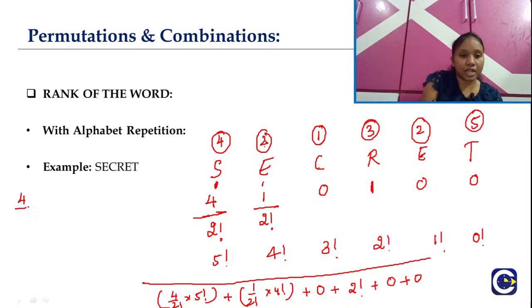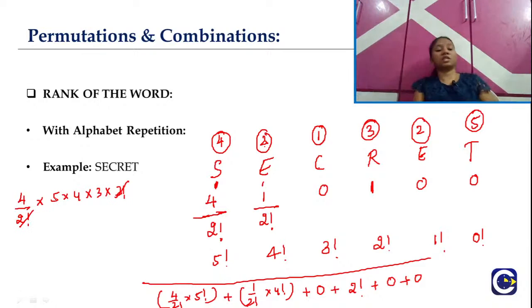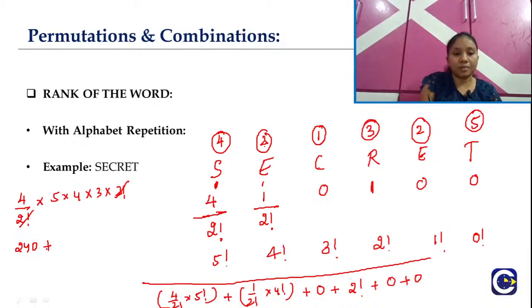So let's find out the value. 4 by 2 factorial is nothing but 5 into 4 into 3 into 2 factorial. That is 5 into 4, 20, into 12, 240. So this value is 240 plus 1 by 2 factorial. So 4 into 3, it will become 12.